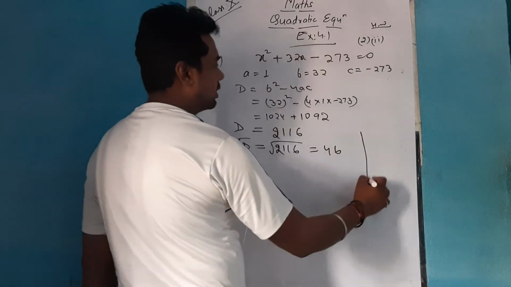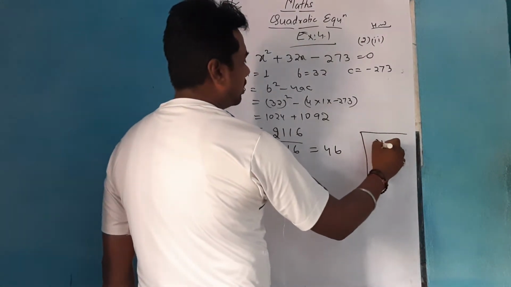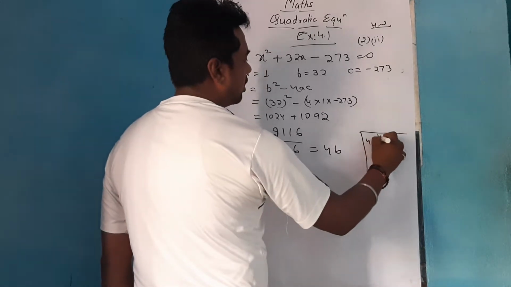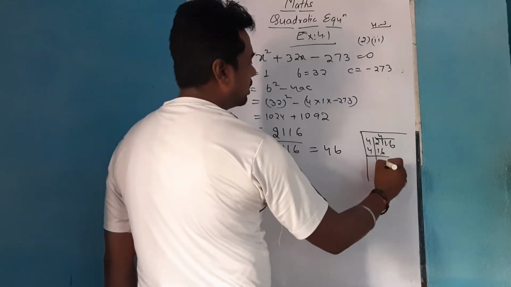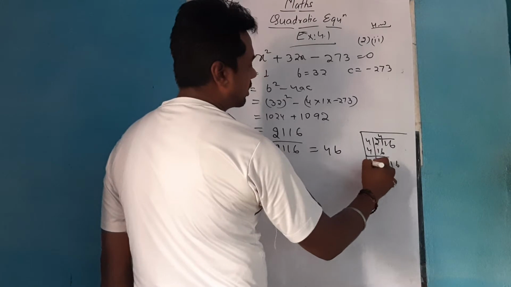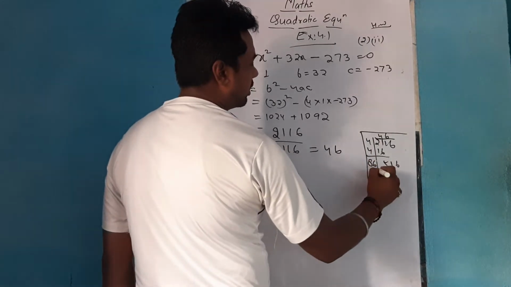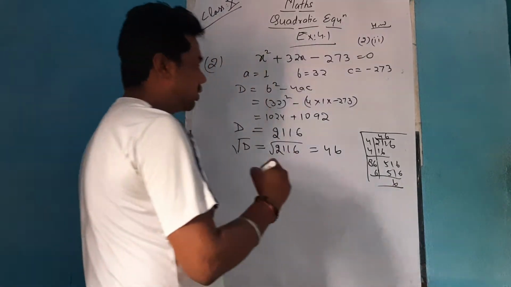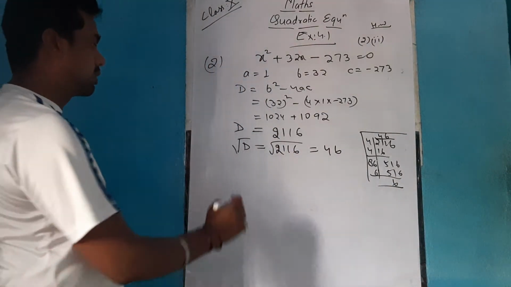We can check our answer also in the rough column. 2116: 4 fours are 16, and so on. So the value of root d is 46.